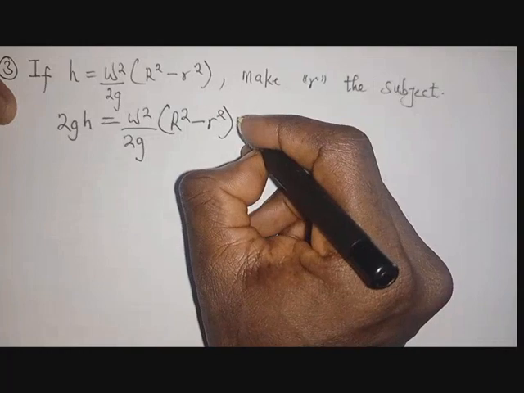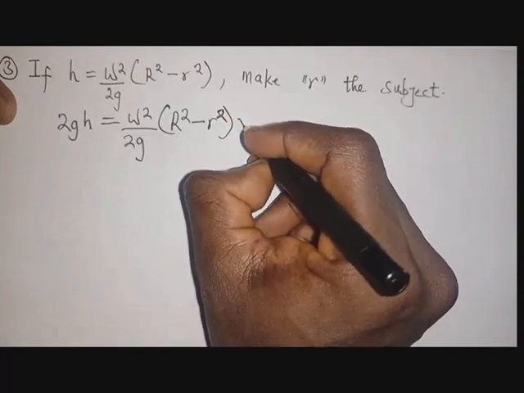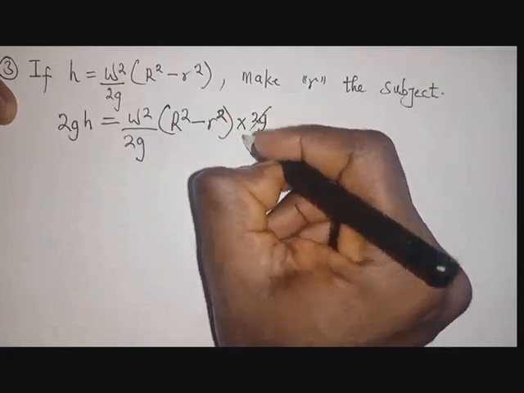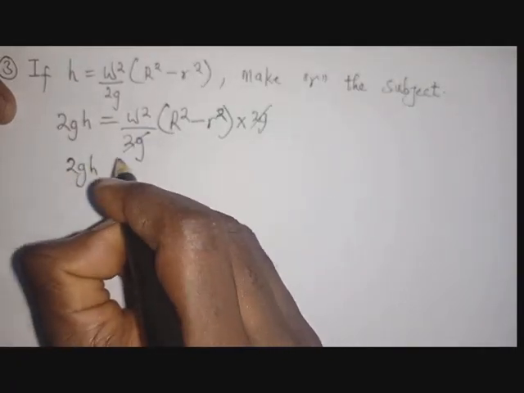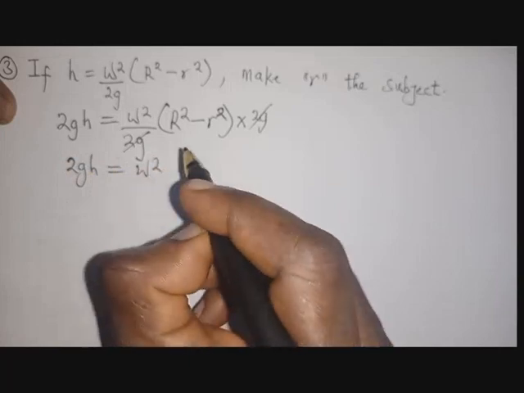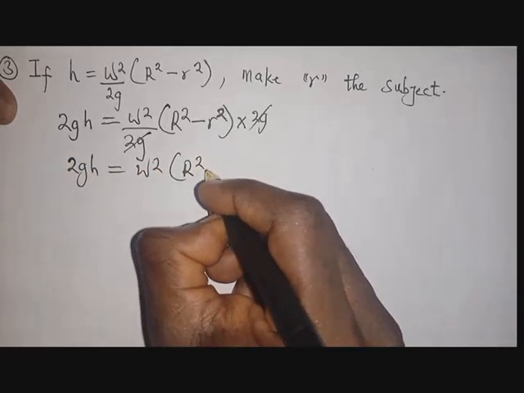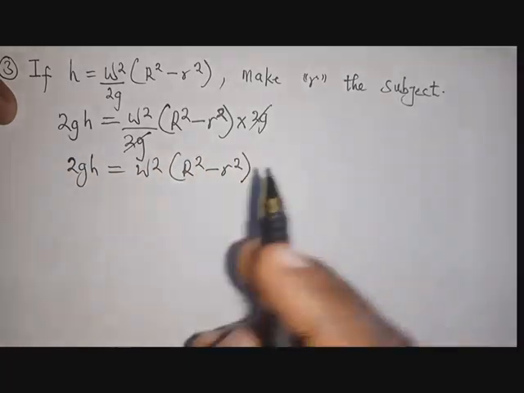Of course, when I multiply this by 2g, the 2g's cancel out. So I'm going to be left with 2gh equals w squared times R squared minus r squared.